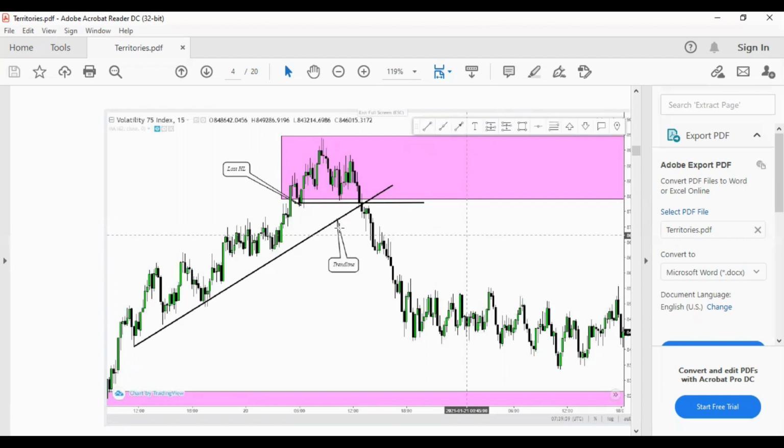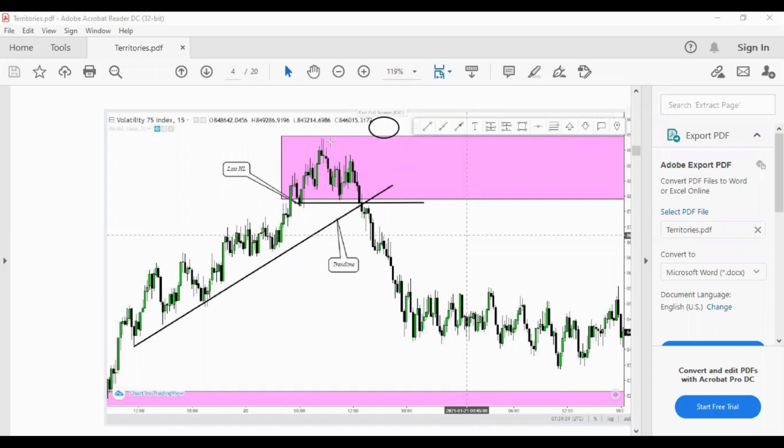As you can see here, price was in an uptrend. Then this one here was our last higher low. You see, price came here and failed to create a new high. Like we said, if there isn't any new high, it means there might be a problem somewhere.